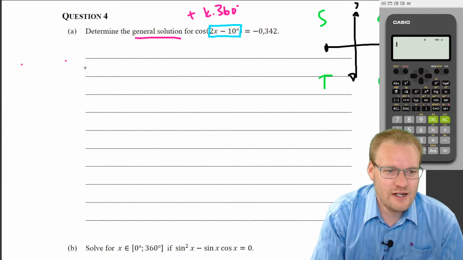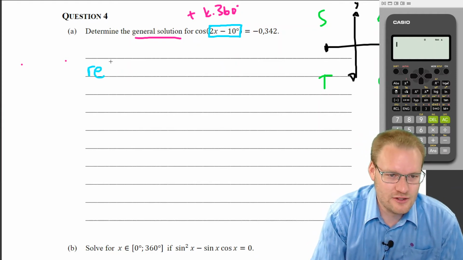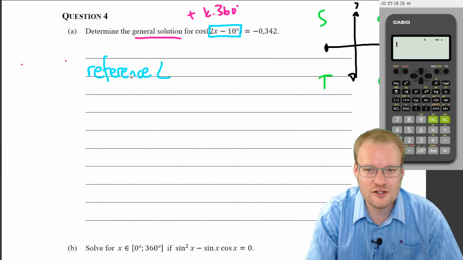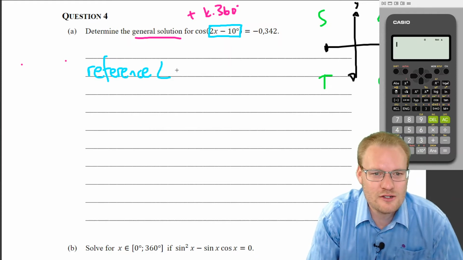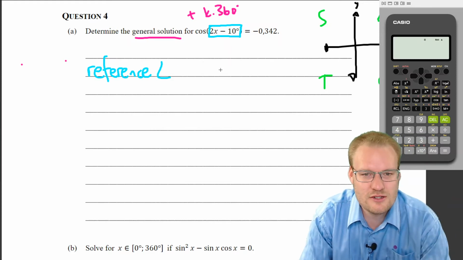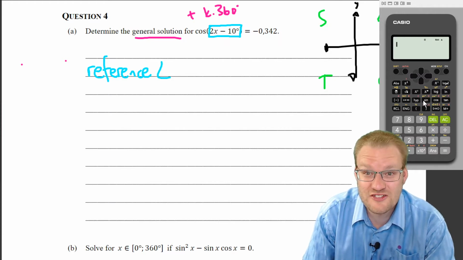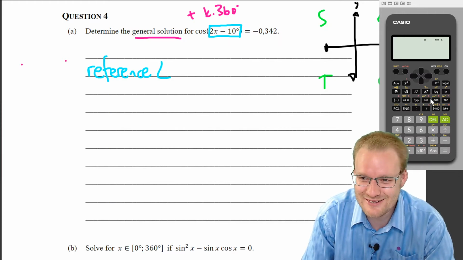So let's find out what our reference angle is. So I'm going to write out the full word reference just to remind us that it's the reference angle, not the reflex angle. The opposite was shift. Let me get that right. Let's see who's watching the video and who isn't. Shift, ask amongst yourselves and you'll see what I mean.